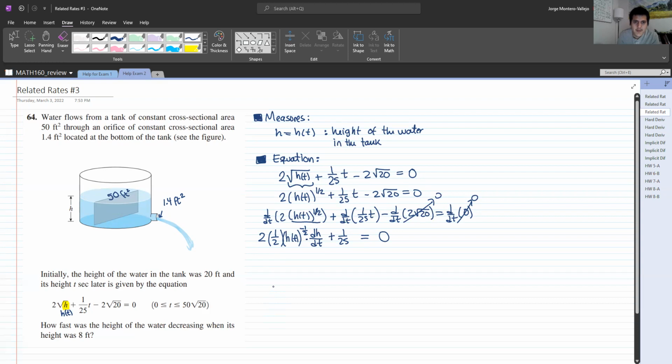So what now? We have written down the differentiated version of our equation, right? And the step now will be finding out what we're going after, information from the problem, plug it in and see if we can solve it, right? If we can find our goal. Okay, so let's write down the information section.